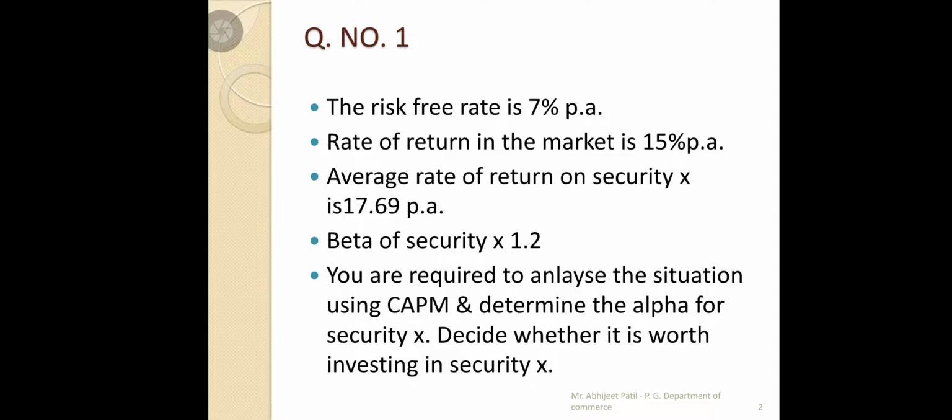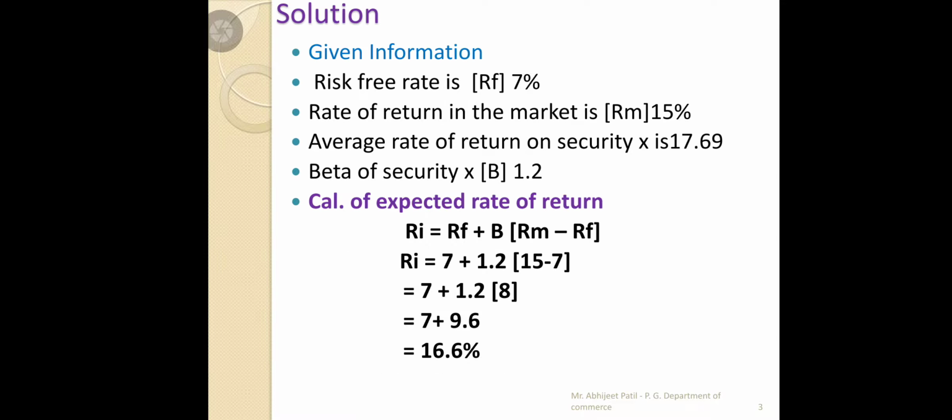As per the question, we should calculate the expected rate of return as per CAPM, and also calculate alpha using the CAPM model and decide whether security X is worth investing in or not. For that purpose, you should first calculate the expected rate of return as per the CAPM model. What is the given information?